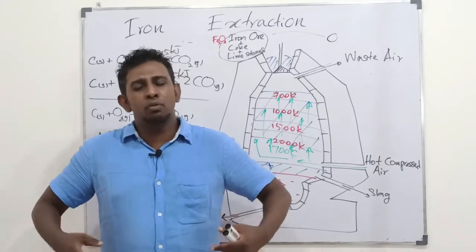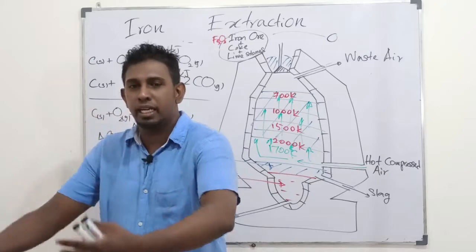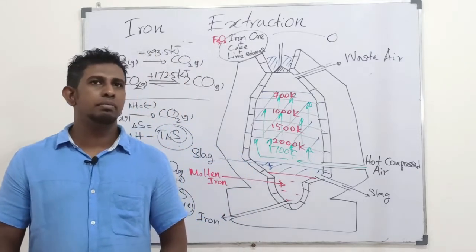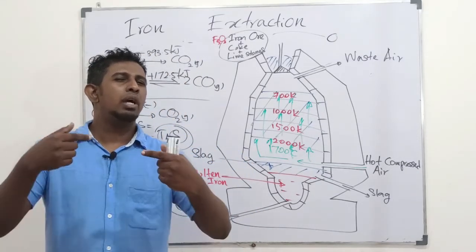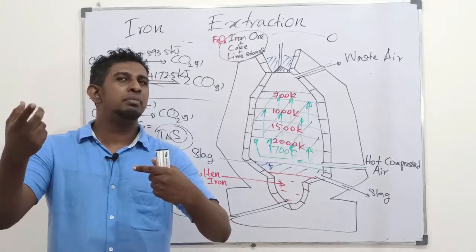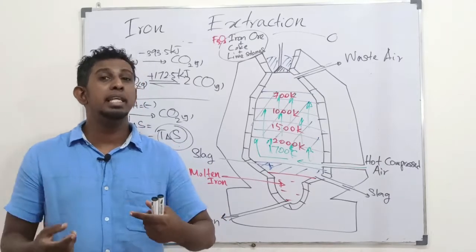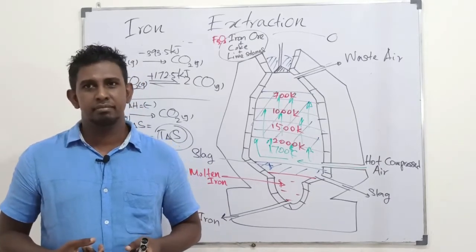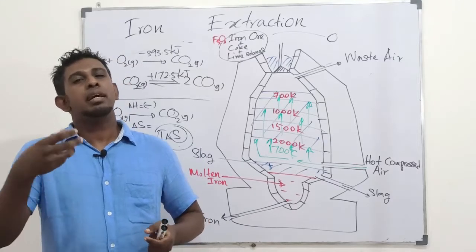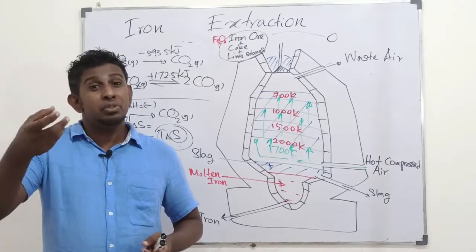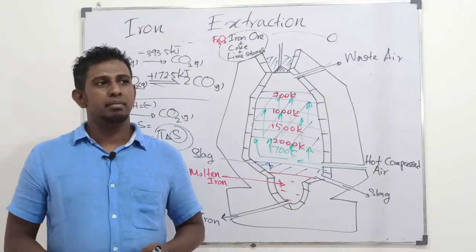So carbon monoxide would get transformed into carbon dioxide. How? For carbon monoxide to be transformed into carbon dioxide, it needs another oxygen.